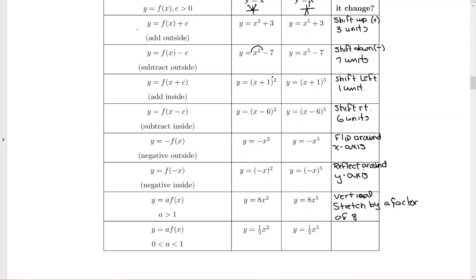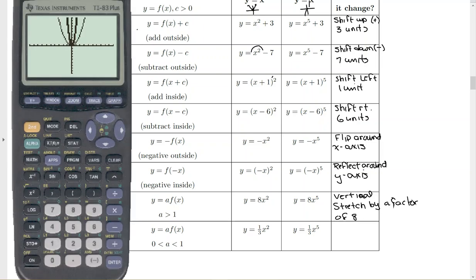And the same thing with x to the fifth. If you come in and take a look at that function, so I'm going to turn this one off, turn this one on, that one off, and I'm just going to put an 8 in front here. So 8x to the fifth, and I'm going to graph that one dark.